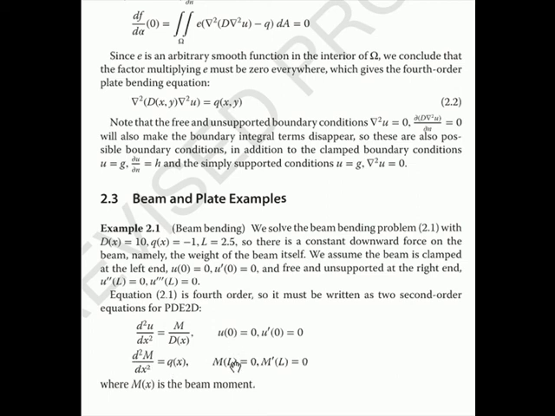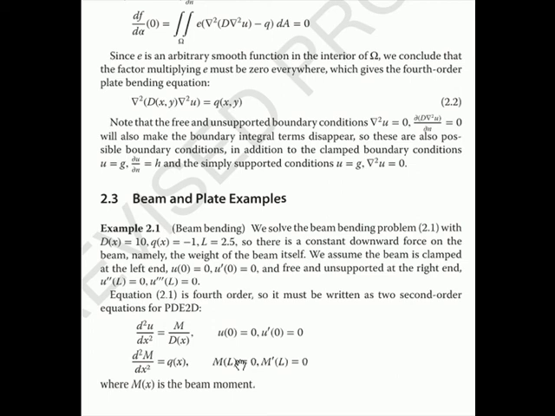And M divided by D is 0, and its derivative is 0. In other words, the second derivative of u and the third derivative of u are 0, which means the moment and the derivative of moment are 0. So there's your two differential equations and four boundary conditions.